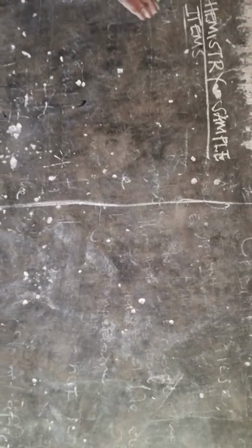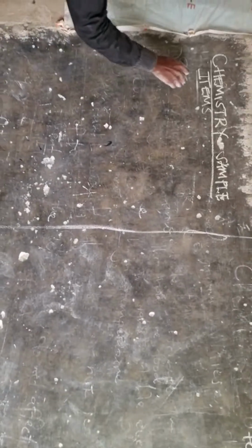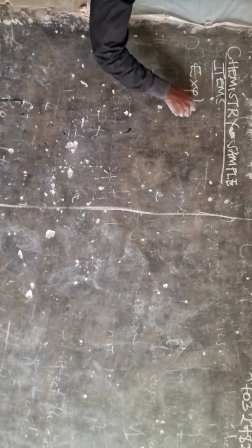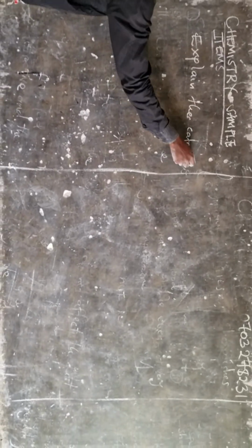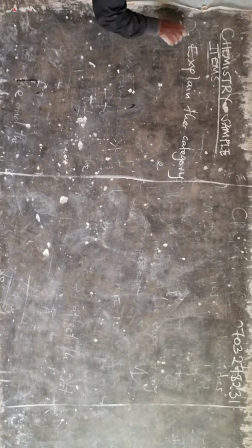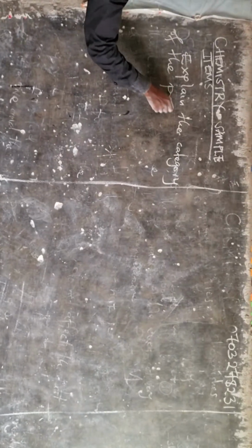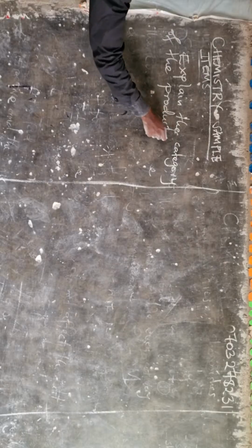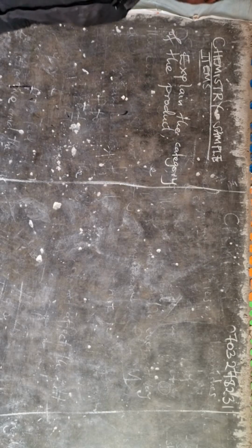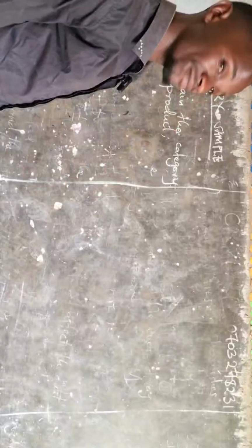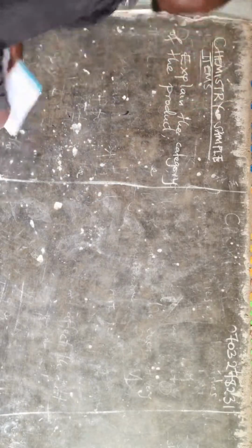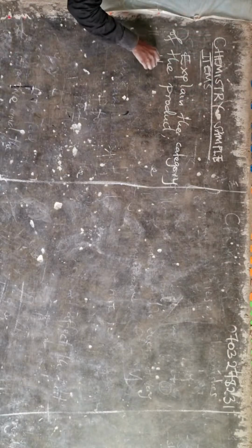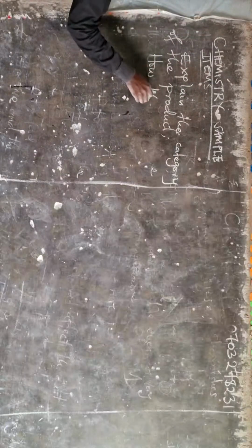Before you even go to part A, they may tell you to explain the category of the product. We may need to know the category of the product, and before we go further, we should know how the product works.